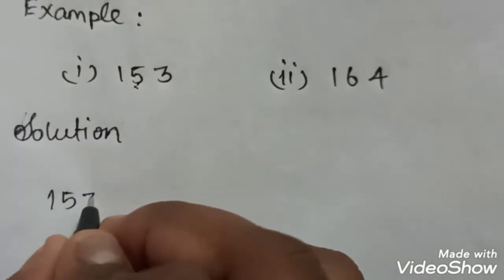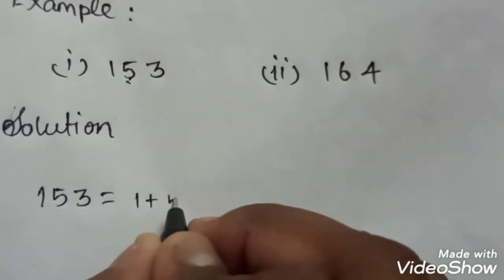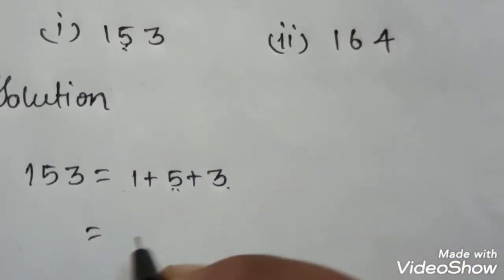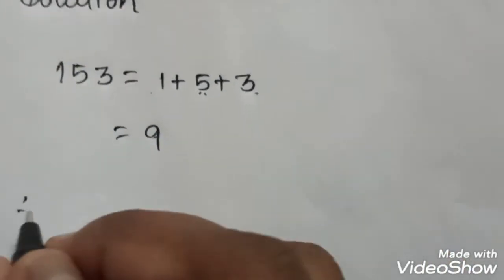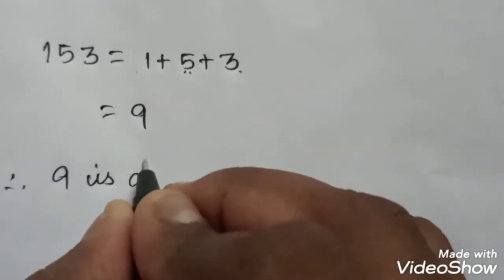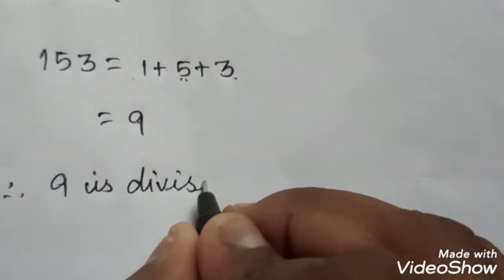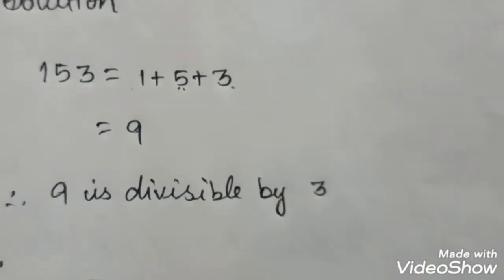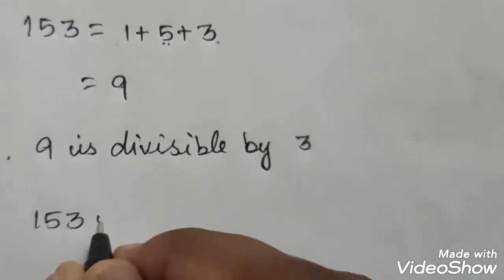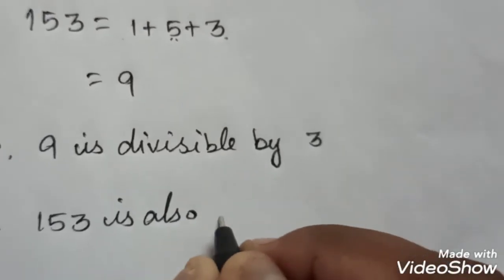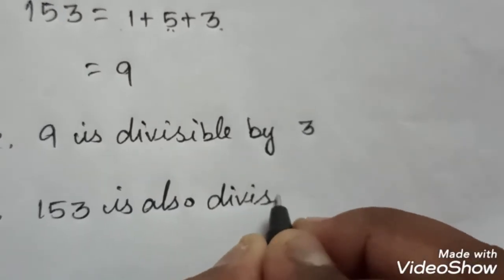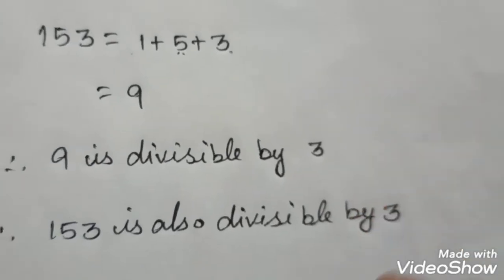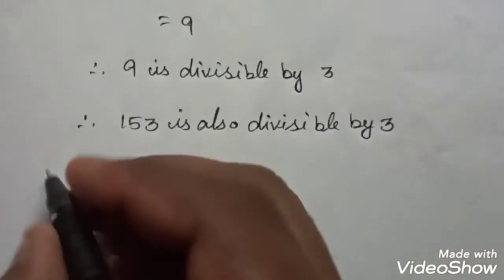For 153 we add 1 plus 5 plus 3. 1 plus 5 is 6, 6 plus 3 is 9. Therefore 9 is divisible by 3, so 153 is also divisible by 3.